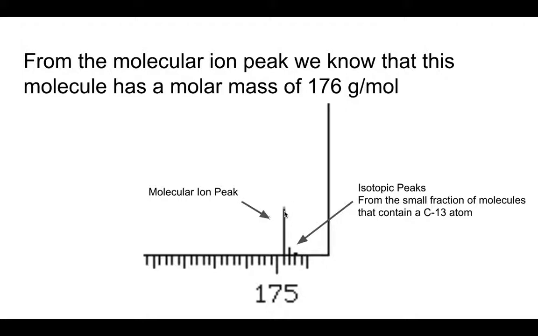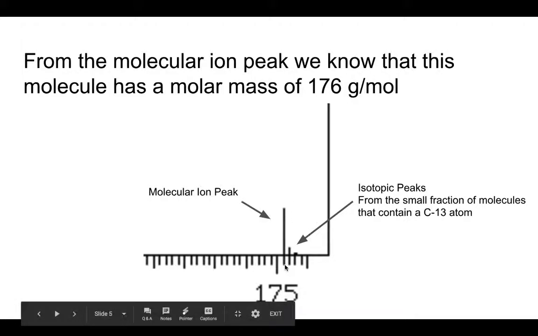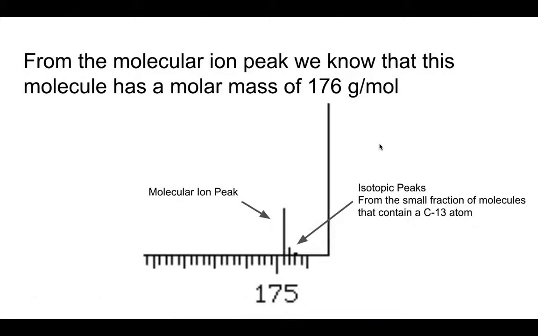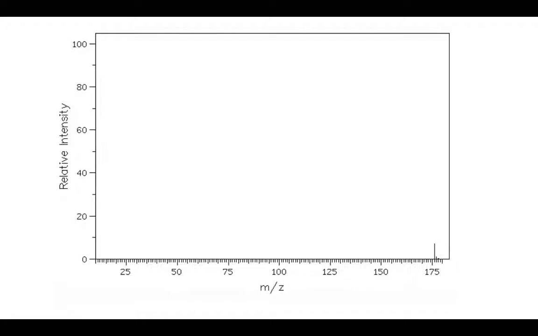So our molecular ion peak is right here at 176. So the molecule's got a molar mass of 176. Here we are back again at full size. So we can see where our molecular ion peak is there at 176, and the isotopic peak shortly thereafter that we're going to ignore.